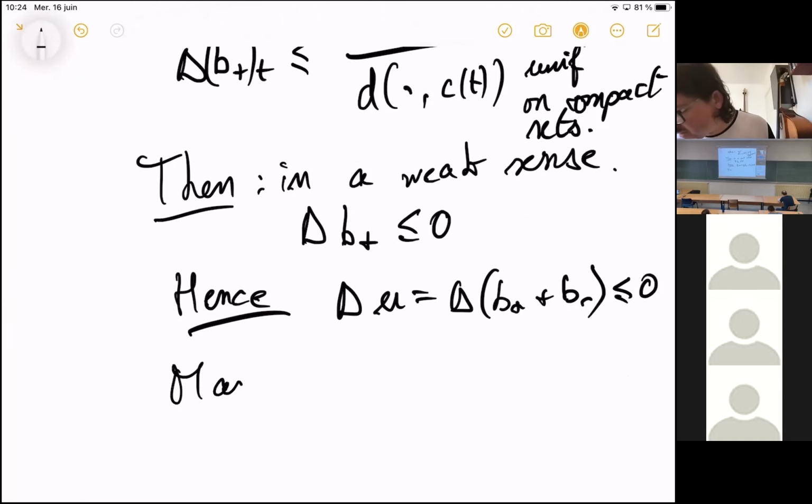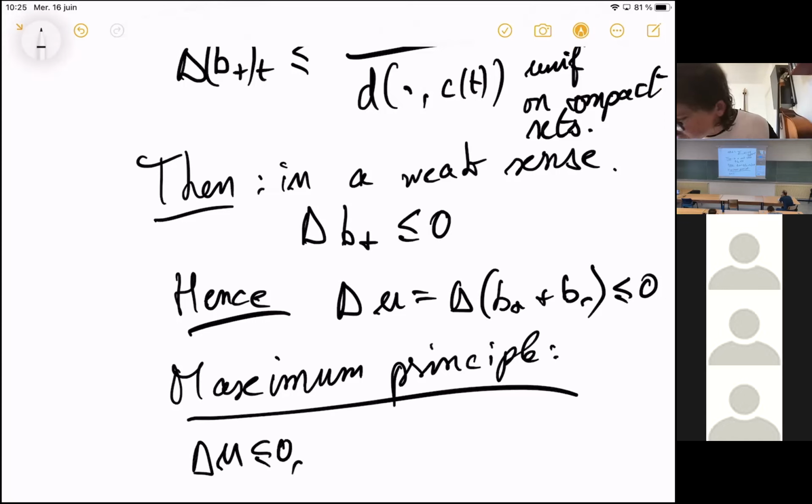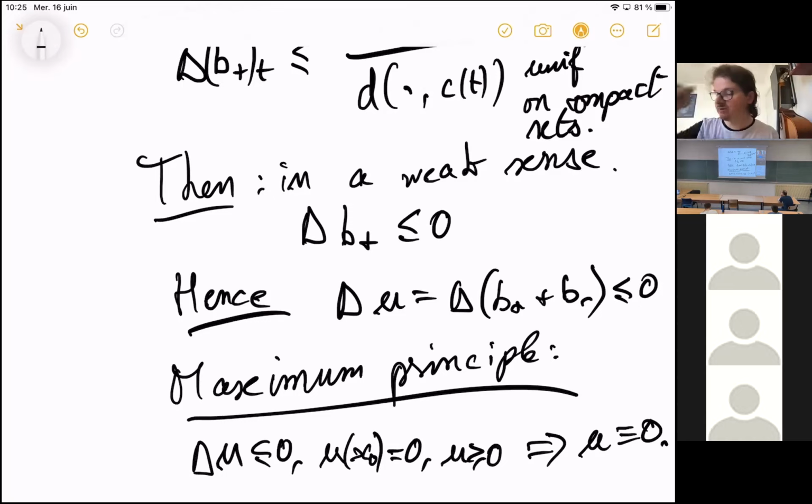So the maximum principle in that context: delta U less than 0, U of some point equal to 0, and U non-negative implies that U is constant equal to 0 on M. Okay.